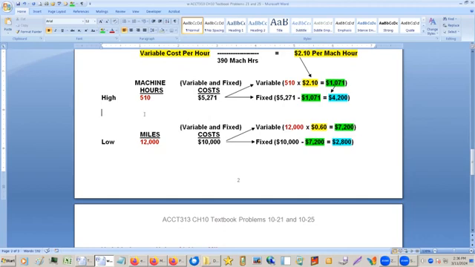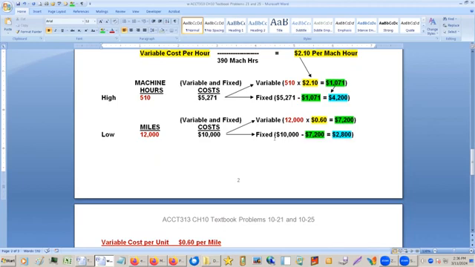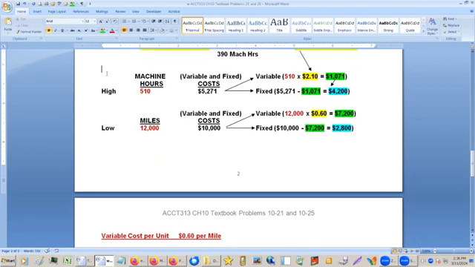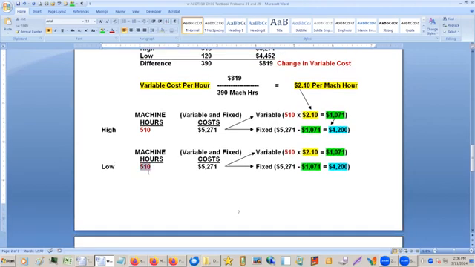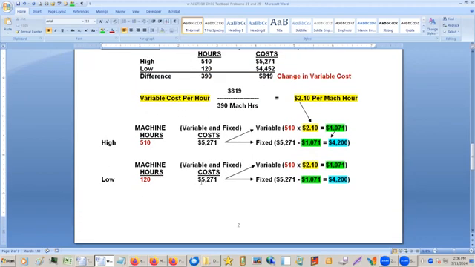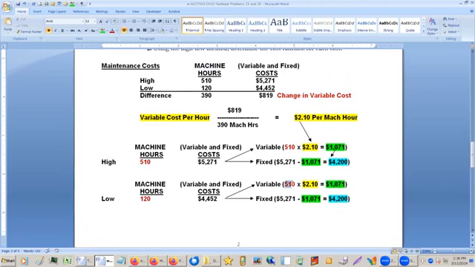Now, quite honestly, do you have to do it for the high and the low? You really don't, unless you want to check your answer. So I'm going to do it just to make sure. The low was 120, and the low cost was 2.52.